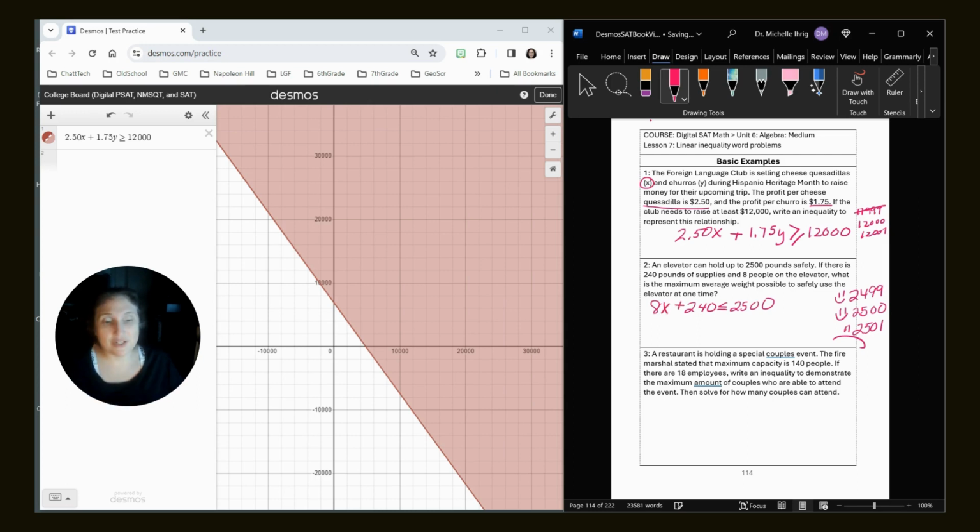It can go up to 2,500 pounds, and that's the max. So all the people plus the 240 pounds of supplies have to be less than or equal to 2,500 pounds. That's why we have 8 people times the number of pounds, which we don't know, plus 240 is less than or equal to 2,500.